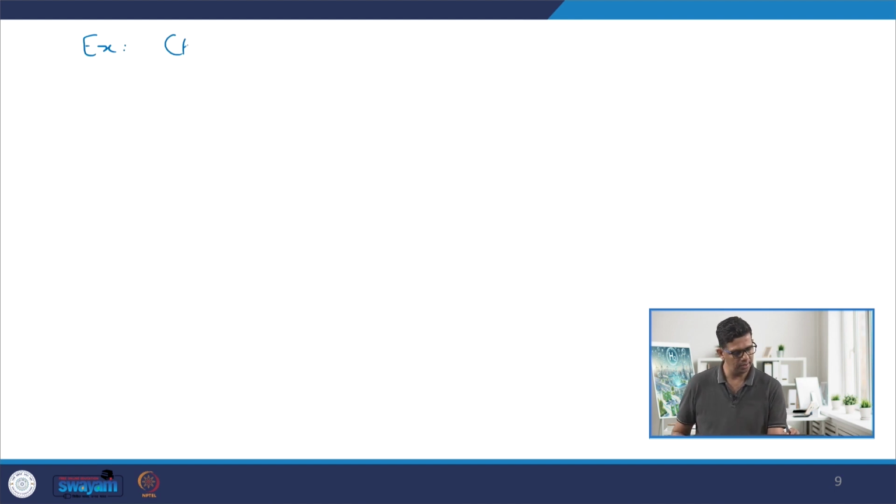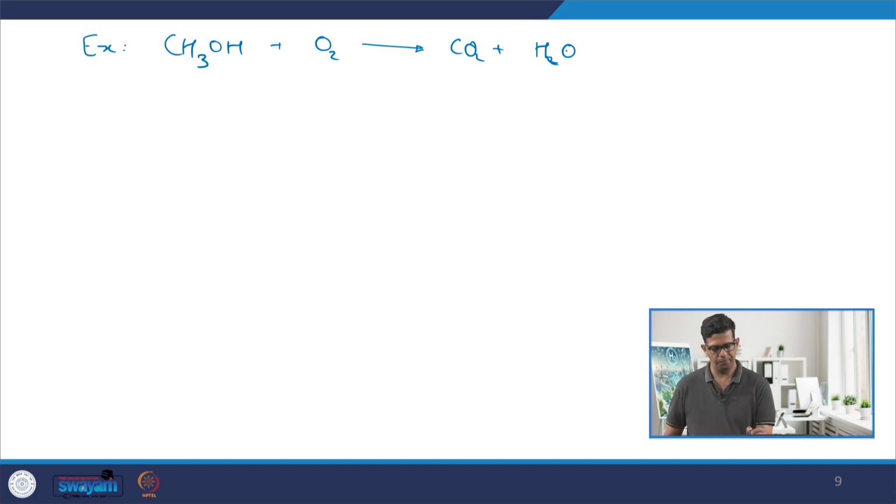So, we have now changed the fuel, we have taken methanol plus O2, that gives CO2 plus H2O. This is in the liquid form. So, let us balance this reaction up. So, we have 3/2 and then CO2 will remain the same and then we have 2 H2O.